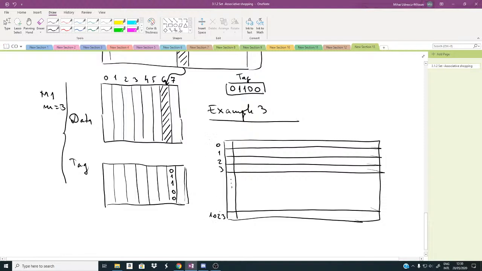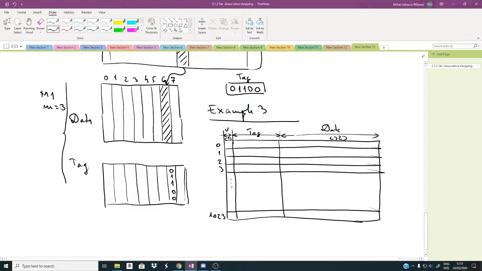I put numbers here only for you to see that the cache has 1 kilo blocks, meaning 1024 blocks. And this is the tag, this is the valid, and the data. The data is again on 32 bits. The valid is on 1 bit.